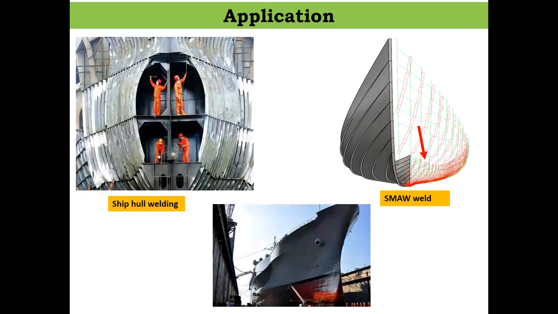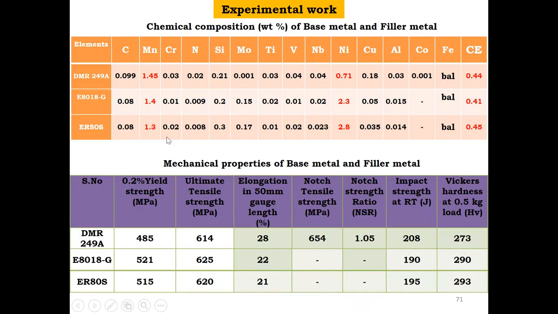It is widely used in ship hull structure. This is the base metal and filler metal chemical composition, and the mechanical properties of DMR 249 are given in the table.